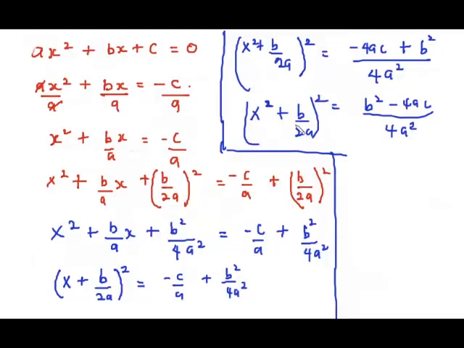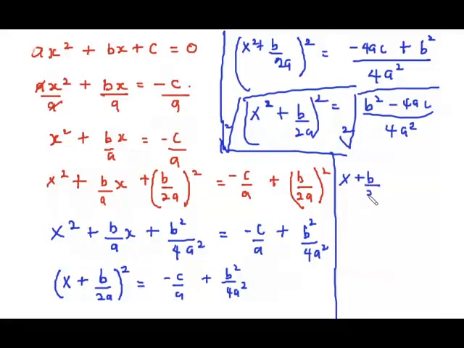This has a square. Now if we take the roots of both sides, cancel out the square here, the square root of this side, this becomes x plus b over 2a equals the square root of b squared minus 4ac over 4a squared. So this root has a plus and negative sign.